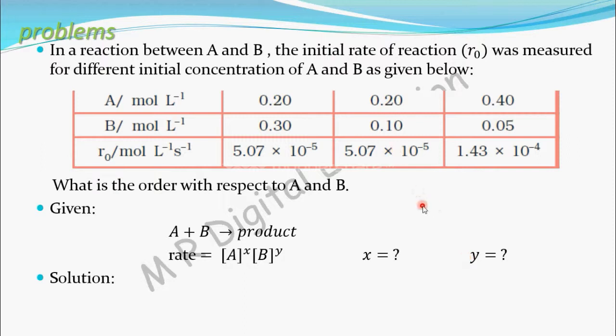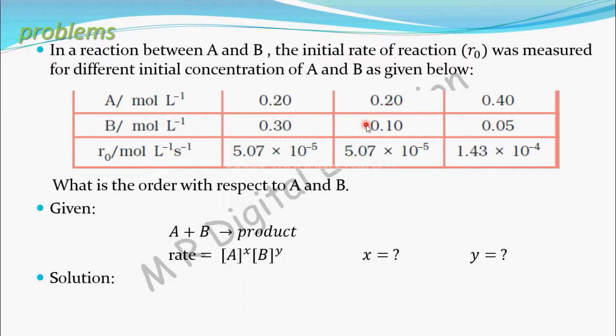For that we have to look at two experiments where one of the concentrations of reactant is same in both experiments. Here, in this experiment and in this experiment, concentration of reactant A is same, that is 0.20, but concentration of B is varying, 0.30 to 0.10.